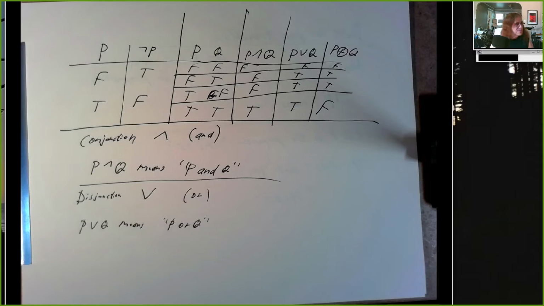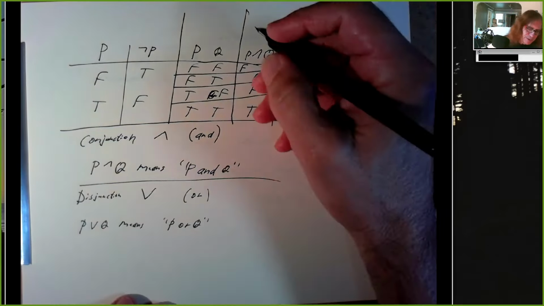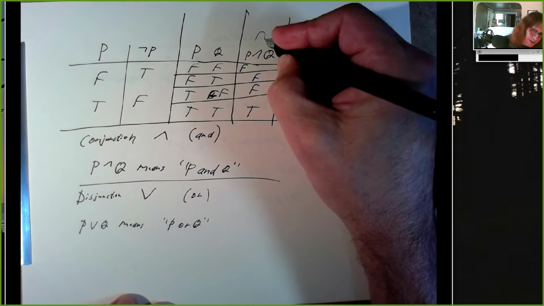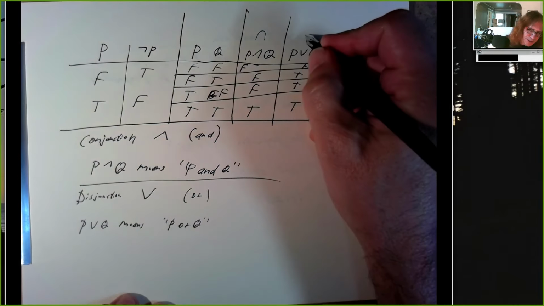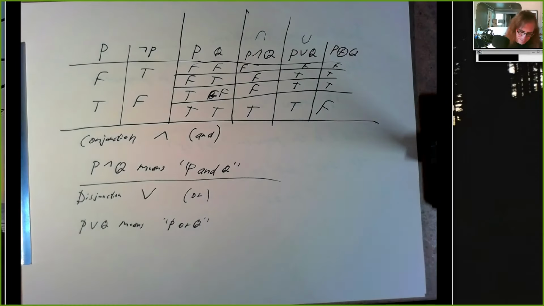So someone's commenting that it would be nice if there was consistency here. There kind of is, because this and symbol kind of looks like an intersection symbol, and this or symbol kind of looks like a union symbol. Right? And this is also the and the or that we use in engineering 250.